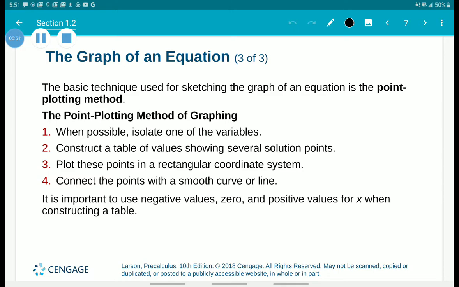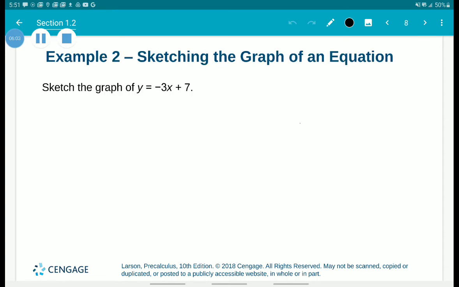So you'll have an idea of what are good numbers to plug into equations to generate a good sketch of what the graph would look like. So let's look at this. We have y equals negative 3x plus 7. We want to sketch a picture of this graph. Now, if you think back to an algebra class that you may have taken in high school, you know this guy is the equation of a line.